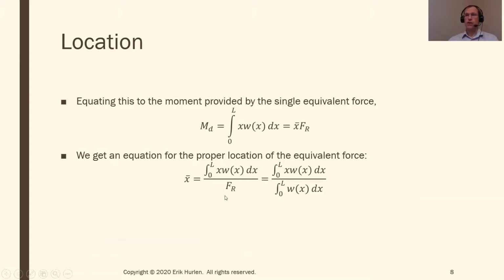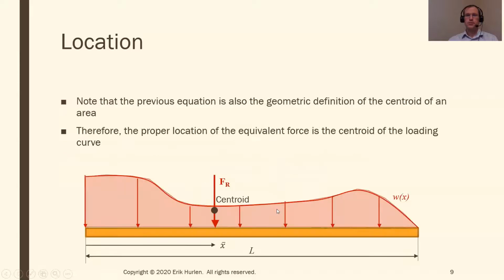So that's another way I can determine where to put this, instead of using the integral, for some simple shapes that we'll see later. So, in summary, the centroid is right in the middle, X bar, that's where FR should be located, and FR is the total area under the curve.